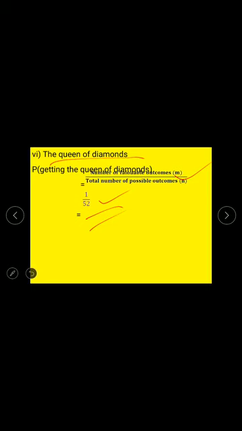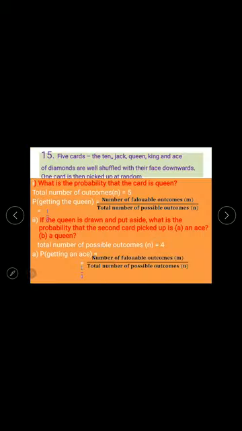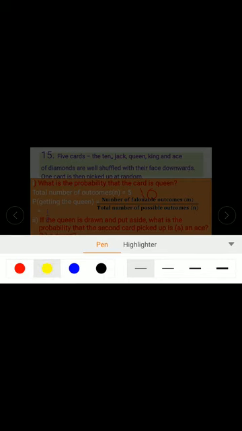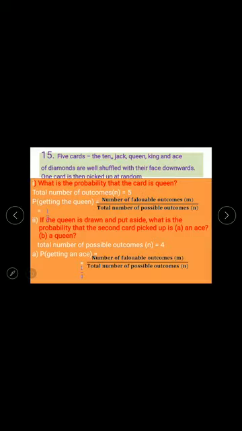Then what is the next question? Question number 15. 5 cards, the 10, jack, queen, king and ace of diamonds are well shuffled with their face downwards. One card is then picked up at random. So we are not taking all the 52 cards. For this question, we are taking only 5 cards.